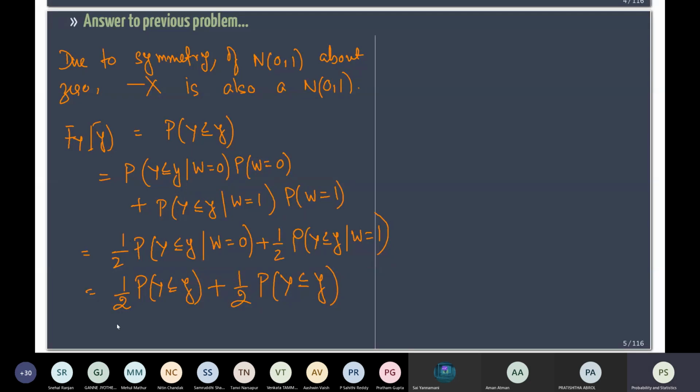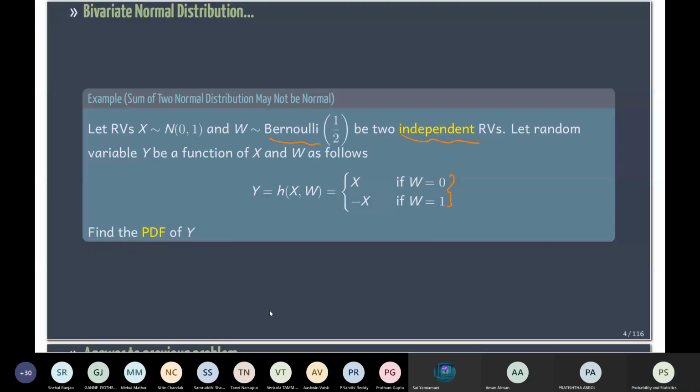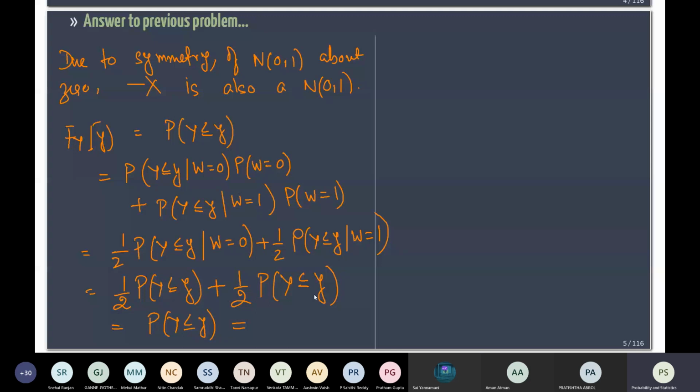Okay, well, this is just probability that Y less than equal to Y. So it's probability that Y less than equal to Y. Okay, and what else?